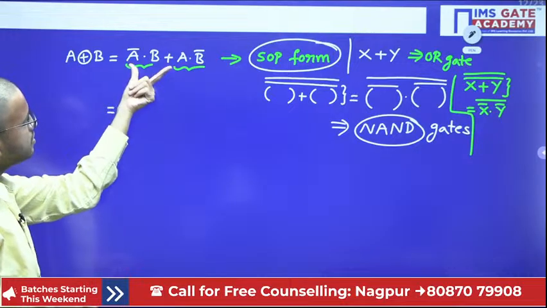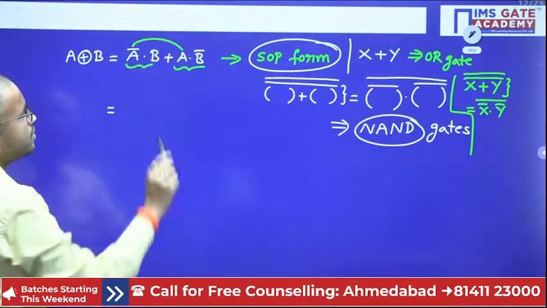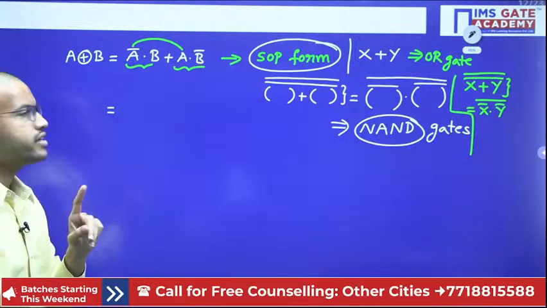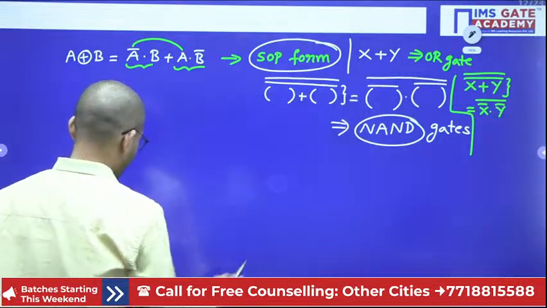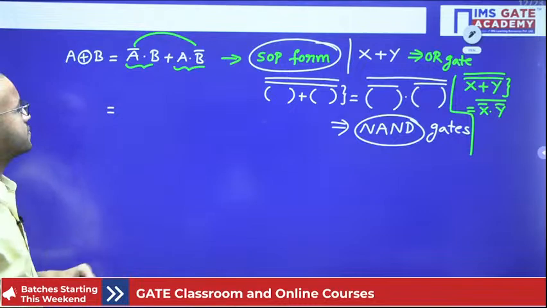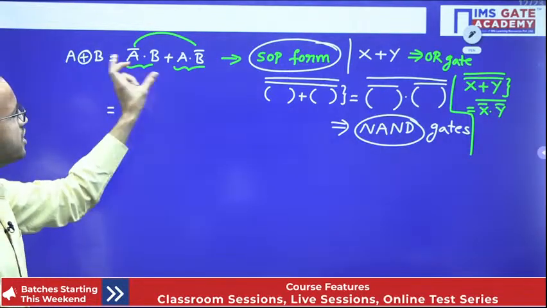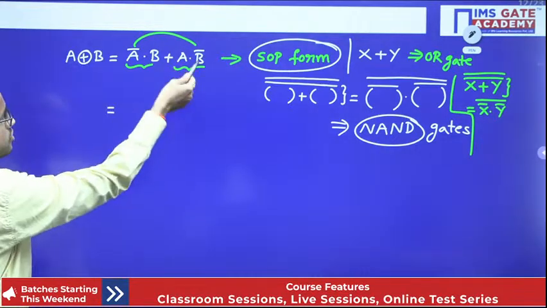Just consider like one iteration. Suppose if you are adding these two, A bar plus A, what are you getting? 1, right? So that combination you can avoid. Then you can consider the other combination. Whichever combination you are not getting the resultant value 1, that particular combination you can just perform addition.